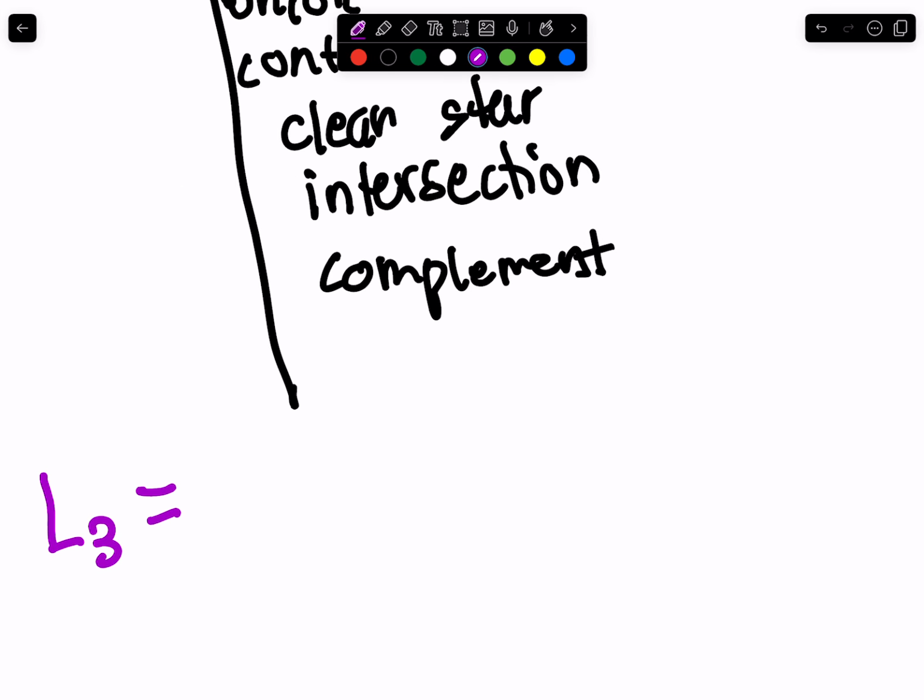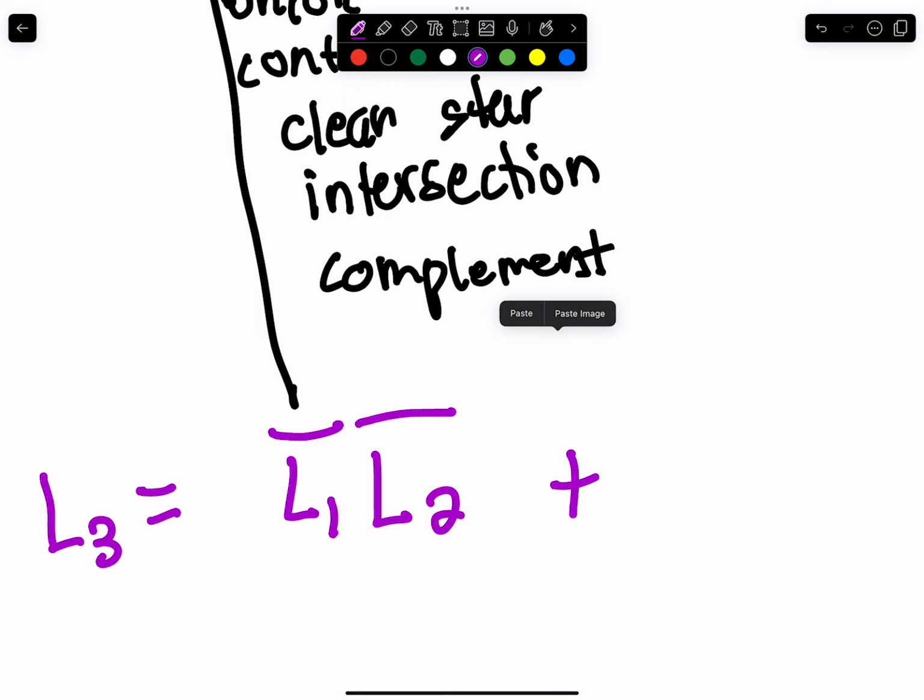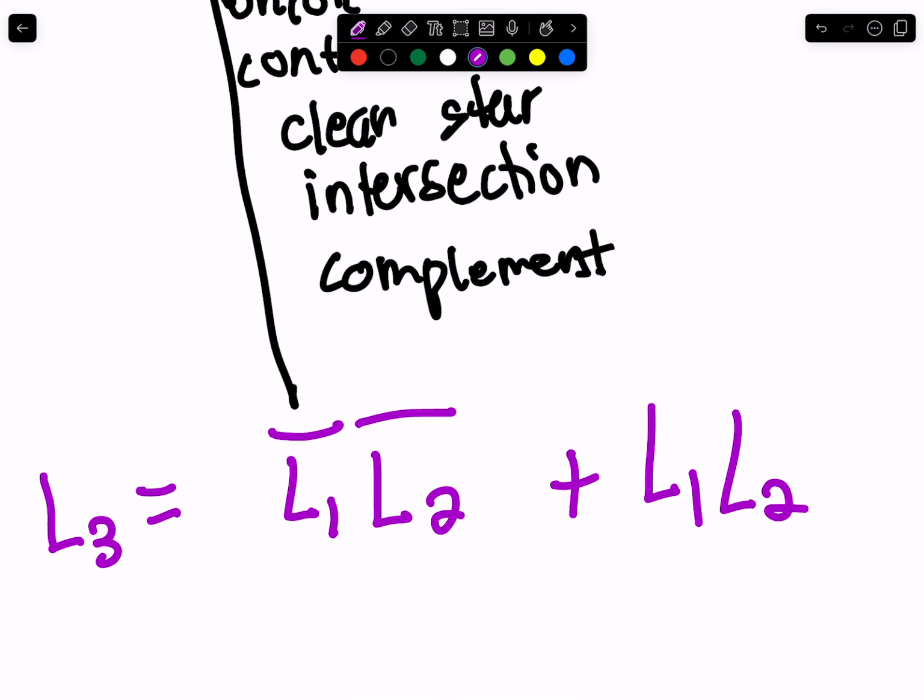Exactly as he said, we can define the things that are in the language as the complement of L1, so it's not in L1 and it's not in L2. If both of those things are true, then it's in L3. Or if it's in L1 and it's in L2. And instead of or, I should put a union operator.